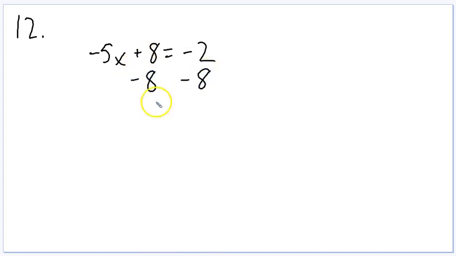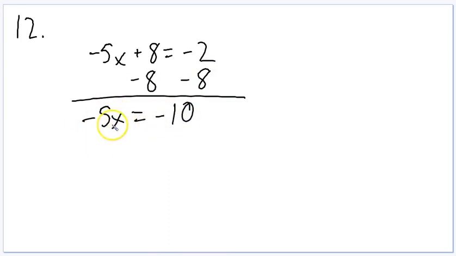Moving down the road. So we've got negative 5x plus 8 equals negative 2. So addition, we're going to subtract then. So we've got negative 5x equals negative 10. We've got multiplication, I'm going to divide.